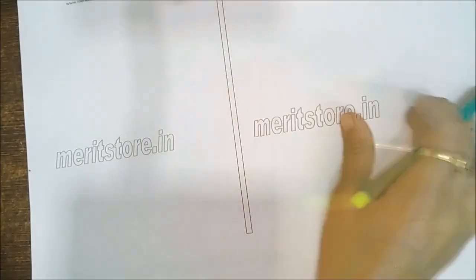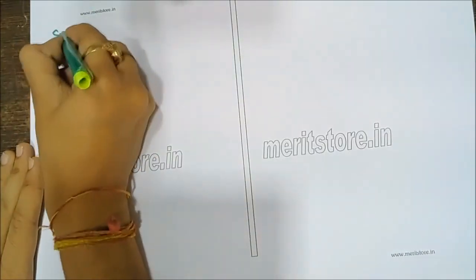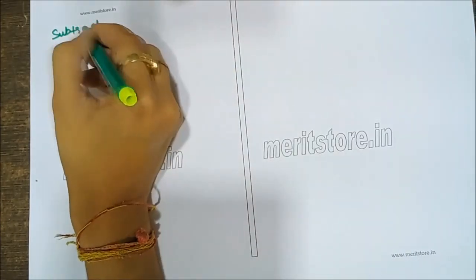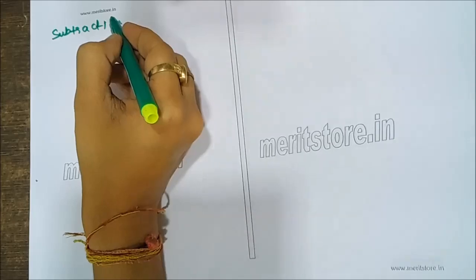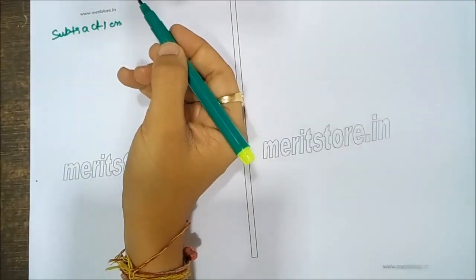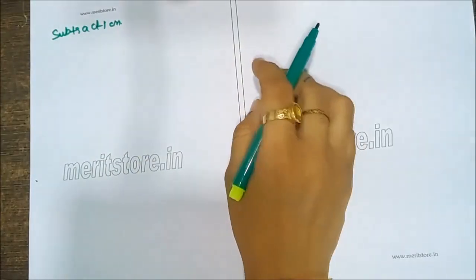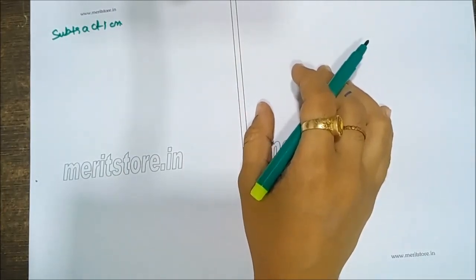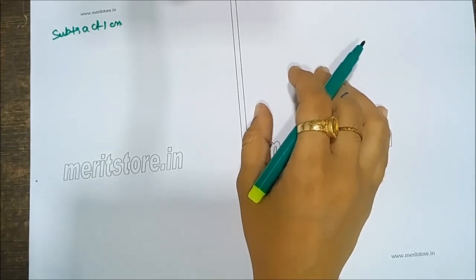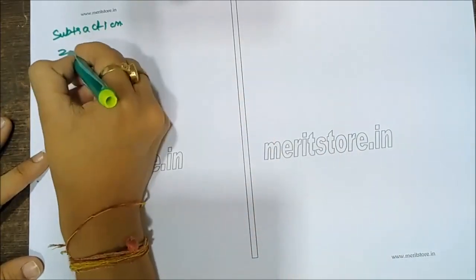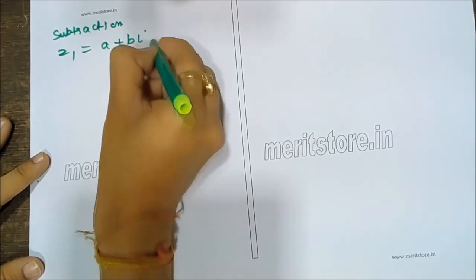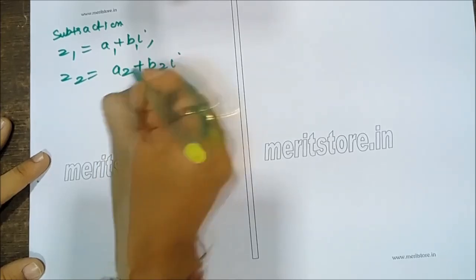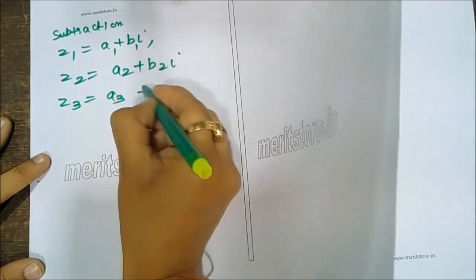After that, subtraction properties. Subtraction, we are again taking 2 types of questions here. Let's say Z1 is a1 plus b1i, Z2 is a2 plus b2i, and Z3 is a3 plus b3i.